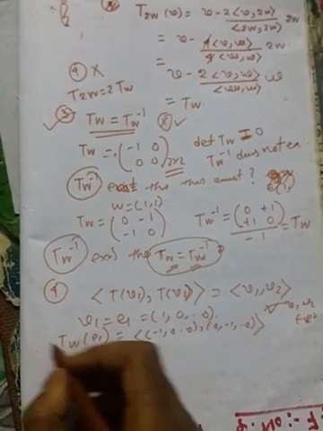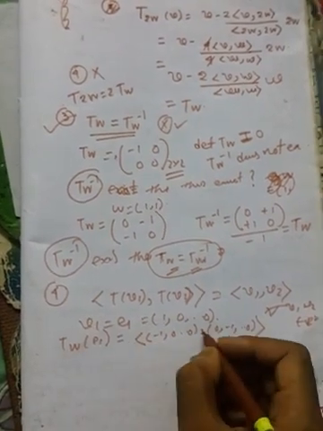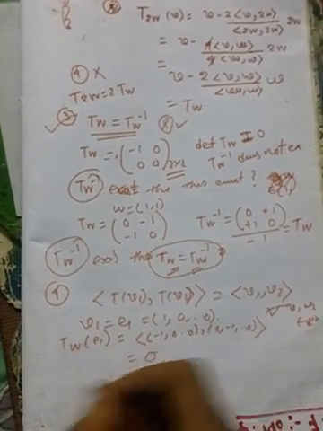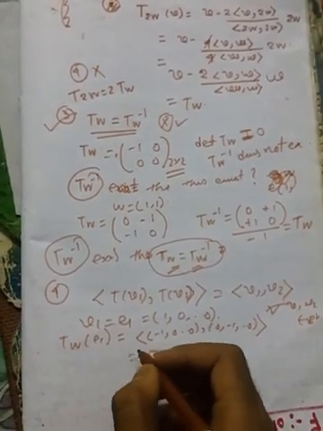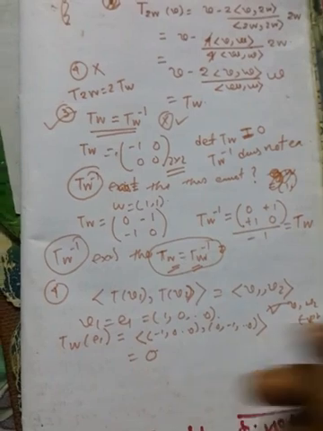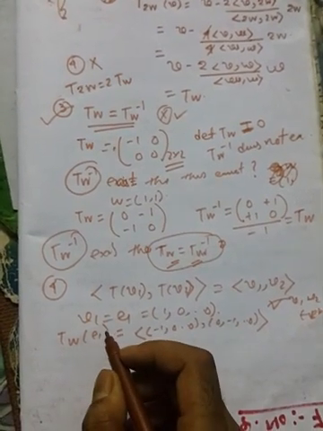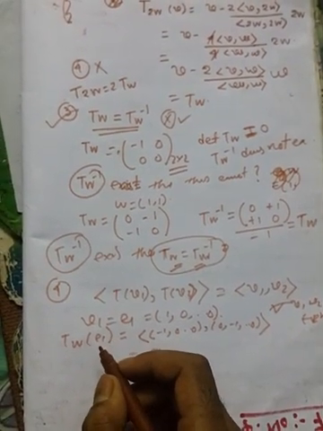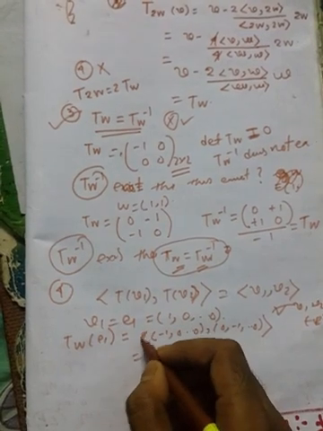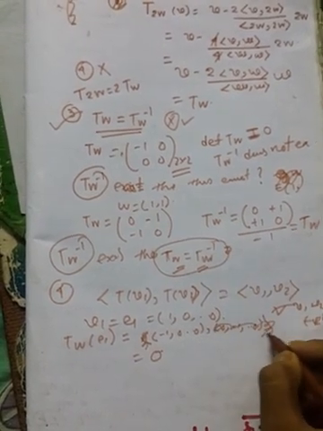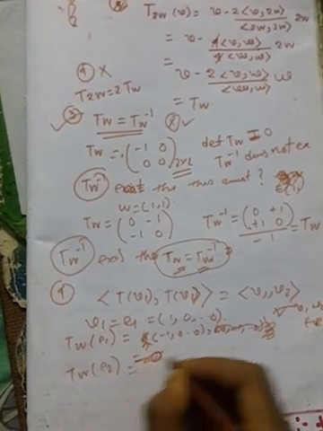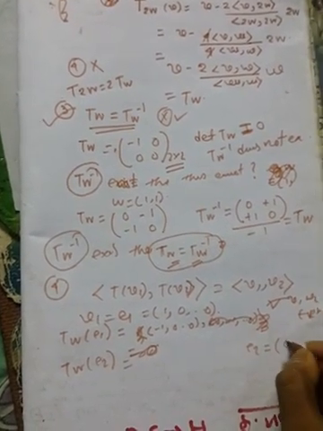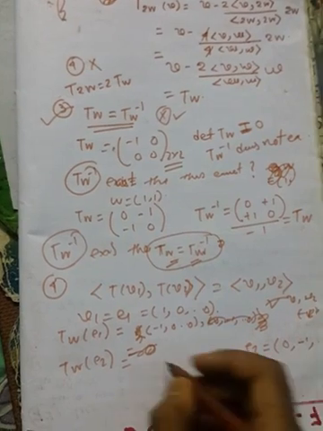Put the relation T of V in above. This is actually the inner product space with the dot product. And T of E2, what is E2? E2 is 0, minus 1, and all other components 0.